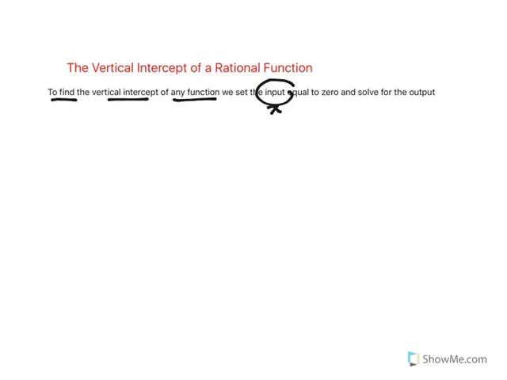Let me give you an example. Suppose that you have the following function, y equals 2x plus 1, and you want to find the vertical intercept. Now, we all know that the vertical intercept for this linear function is given by the b. The vertical intercept in this particular function is (0, 1).